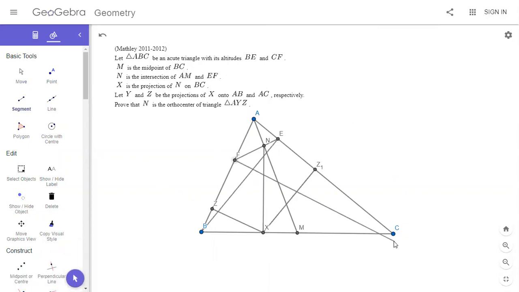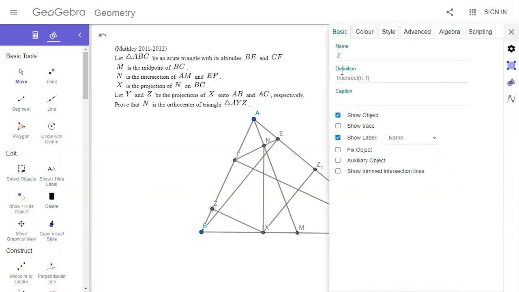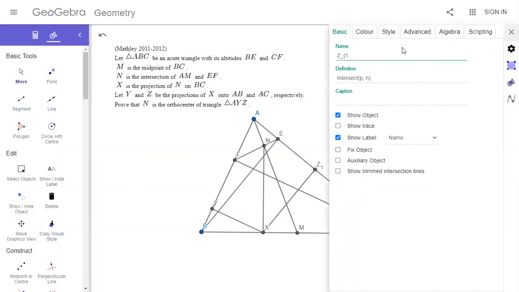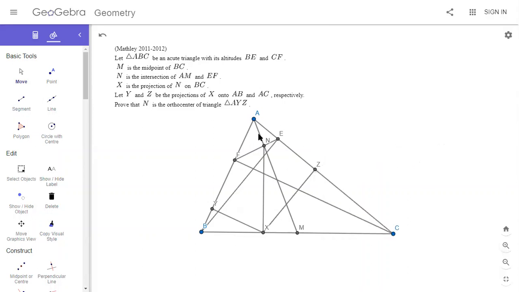This should be Y. And this should be Z. All right. So how do we show N is the orthocenter of AYZ?